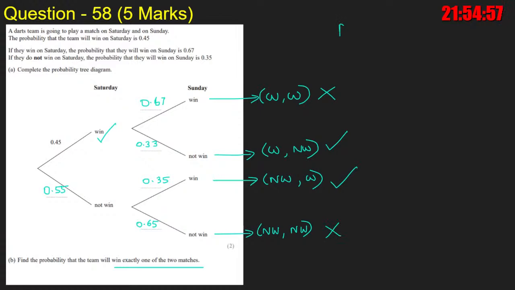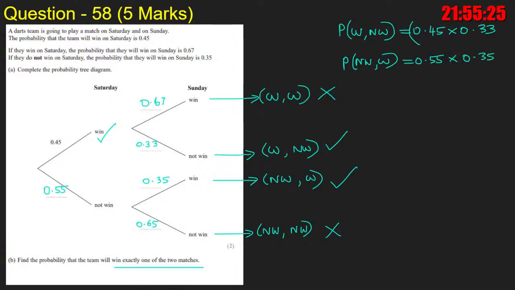This or this, and this can't be right. So the probability of win, not win is going to be 0.45 times 0.33, and the probability of not win, win is going to be 0.55 times 0.35. Whatever the answer there and whatever the answer here, you need to add them up and that is the correct answer, right?